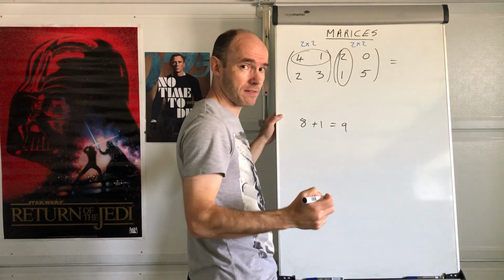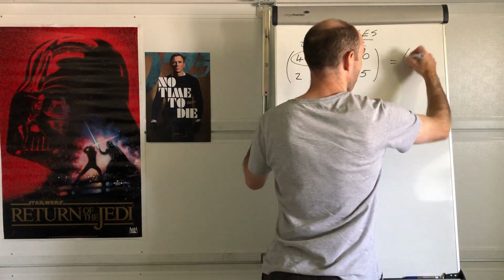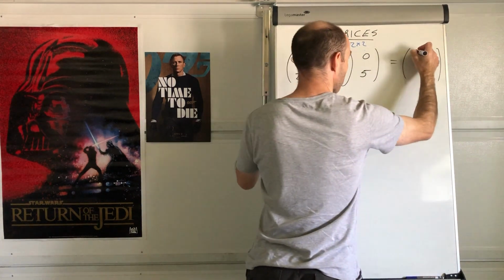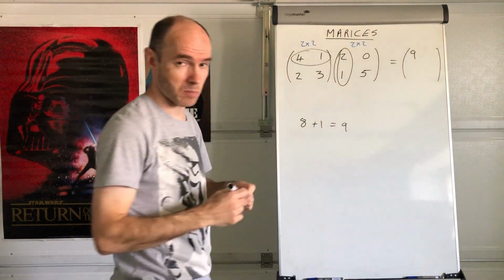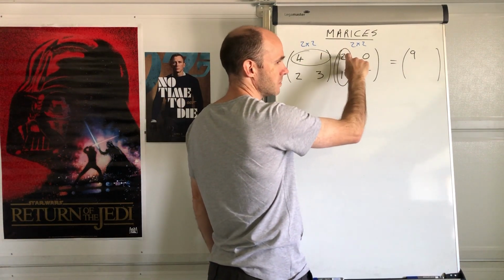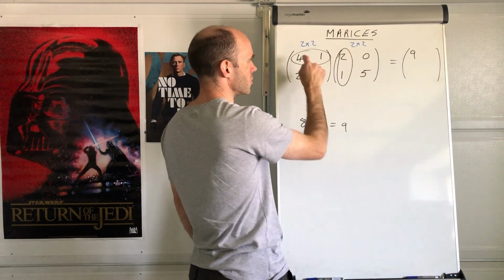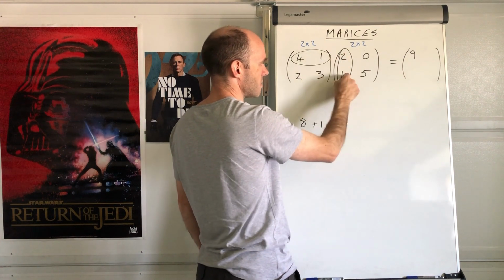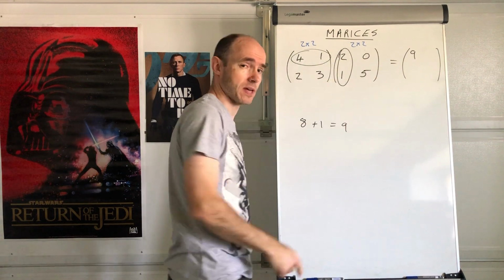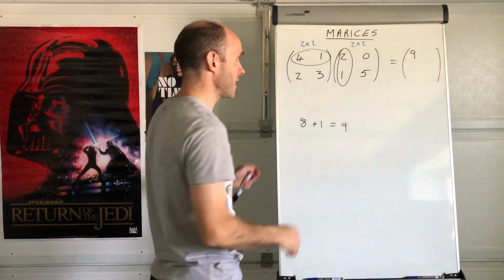That gives us the first element of our answer, which is 9. Let me run through that once more. You start with the first row of the first matrix and the first column of the second matrix. You do 4 times 2 and 1 times 1, and add them together, so 8 plus 1 is 9. It goes there.